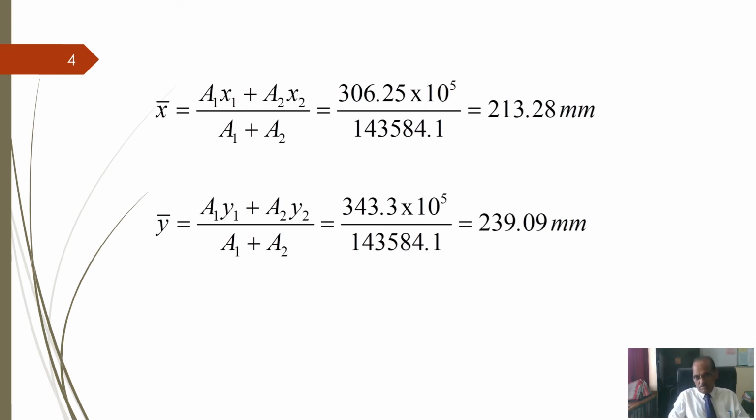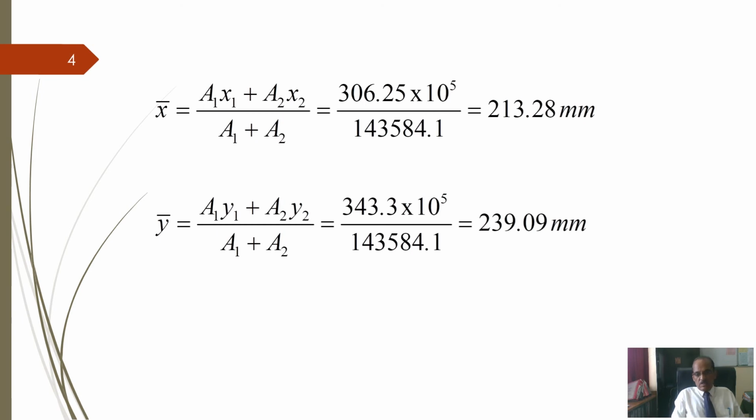So you practice this type of problems so that in the final examination or when you go to higher classes, we need this centroid even in your strength of material in second year, when you go for RCC, design of steel structures, design of reinforced structures, design of prestressed concrete structures.